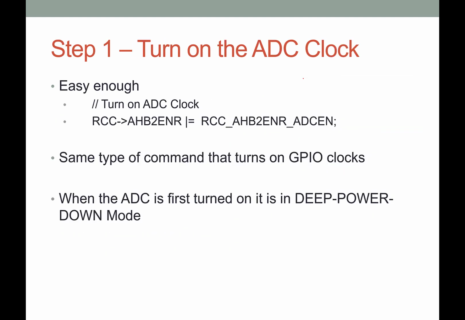So the first thing that we have to do, just like our GPIO ports where we had to turn on the clock, is turn on the analog to digital clock. That's right here. You're going to see this in your template. This is the analog to digital converter channel enable.